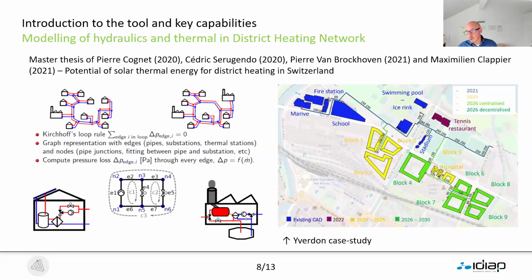And we wanted also to address the possibility to have seasonal storage in terms of big water reservoirs that could be below or nearby the central heating station. So we studied here a small network in Yverdon, and we had very interesting discussions also with the city and the energy services of the city of Yverdon.